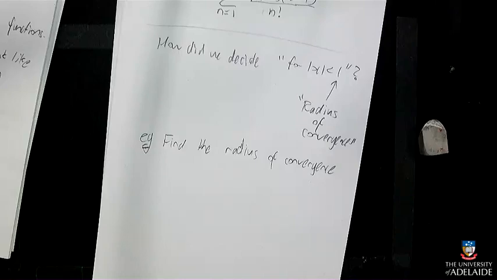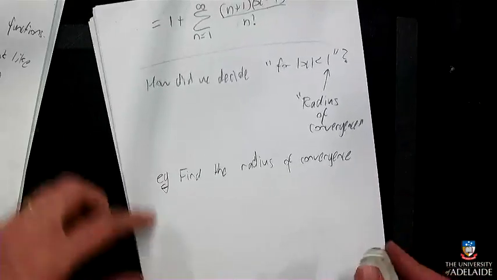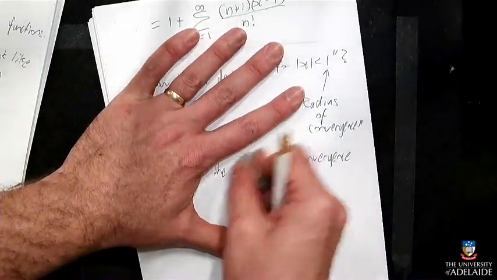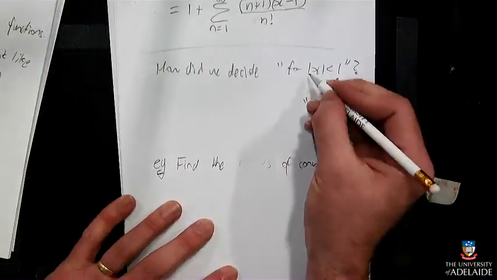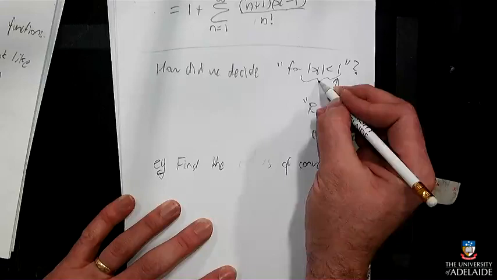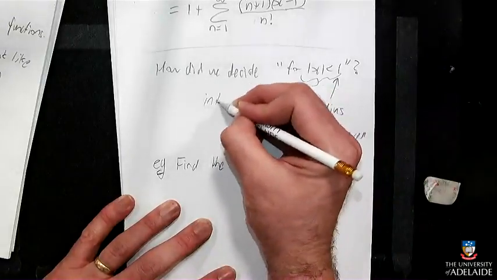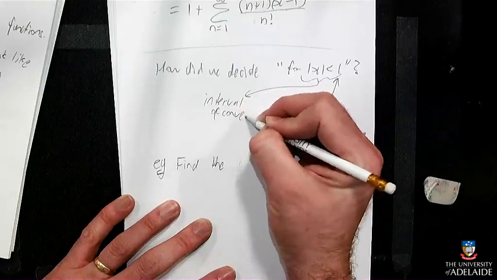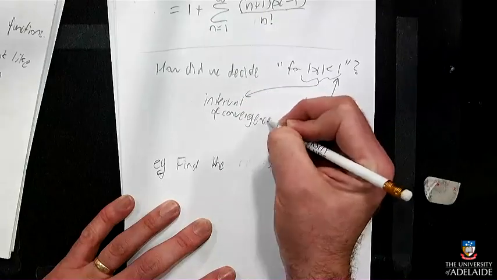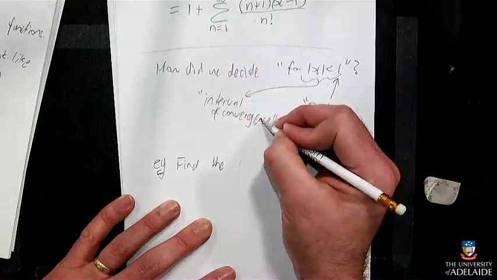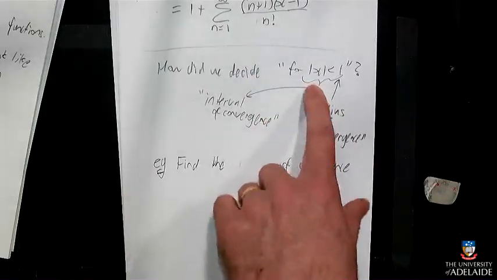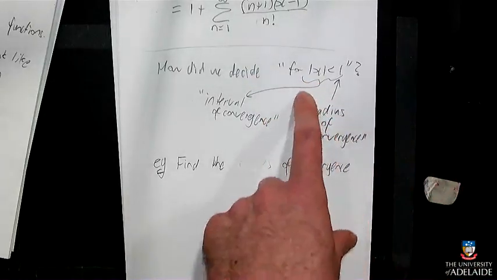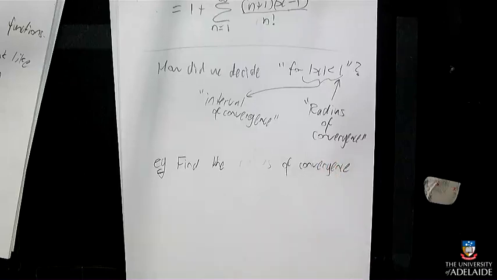No, we want the interval, sorry. That's the radius of convergence, and this entire thing describes an interval of convergence. Because this describes a little piece of the number line of x's we're allowed to use. Okay.